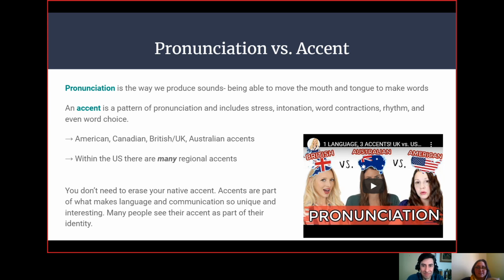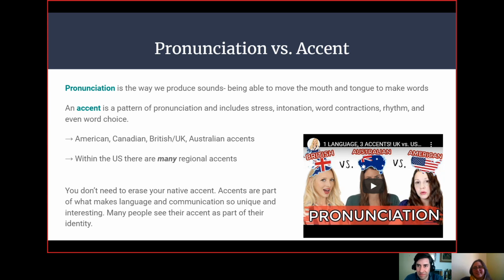And as teachers teaching English or students of English, it's important to know that you don't have to erase your native accent, because these accents are part of what makes the language interesting and unique. And a lot of people see their accent as part of their identity.